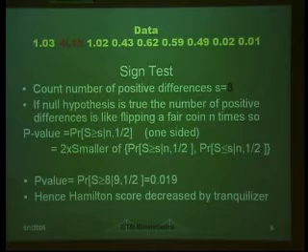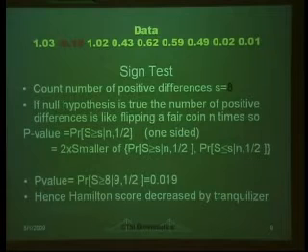Now, under the null hypothesis, a patient should be equally likely to go up or go down if the tranquilizers don't have any effect. So this number should be like the number of heads we would get if we flipped a fair coin 9 times, if there was really no difference in the pre and post depression score.